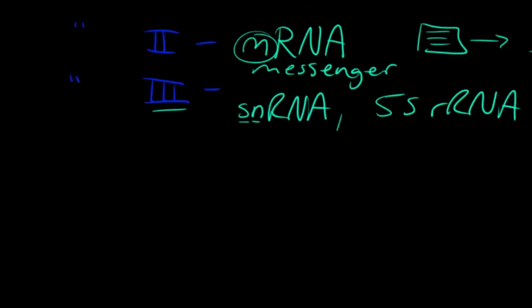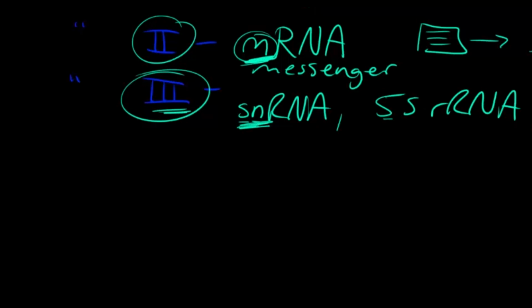There are some other small minor RNA molecules that are transcribed by polymerase 3 that we just don't care about for this class. All you need to really understand is polymerase 1 transcribes rRNA, polymerase 2 transcribes mRNA, polymerase 3 transcribes small nuclear RNA and the 5S rRNA.